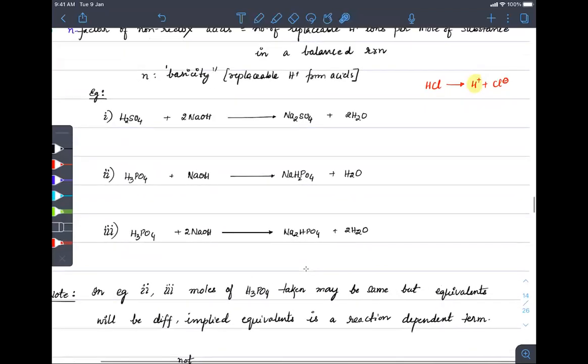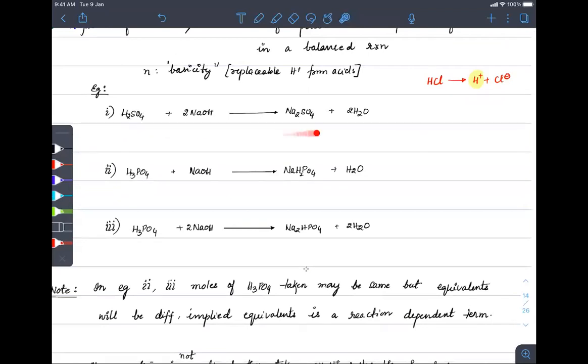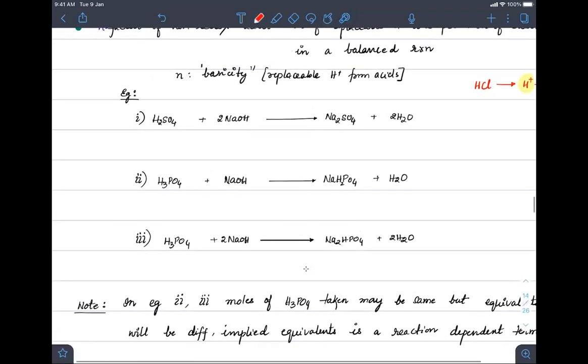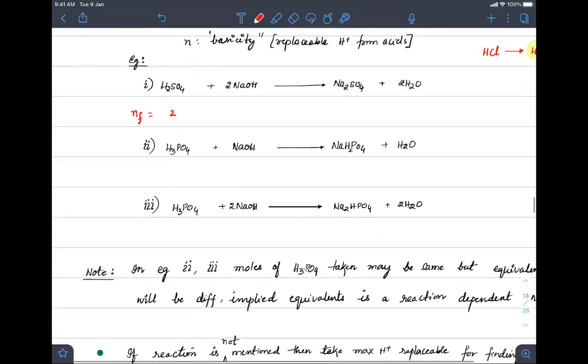But if it is given in a chemical reaction, we need to check whether they have actually lost those hydrogens or not. In H2SO4, you can see both these hydrogens have been replaced by sodium. So both hydrogens got replaced, and now I can say the N factor of H2SO4 is 2.